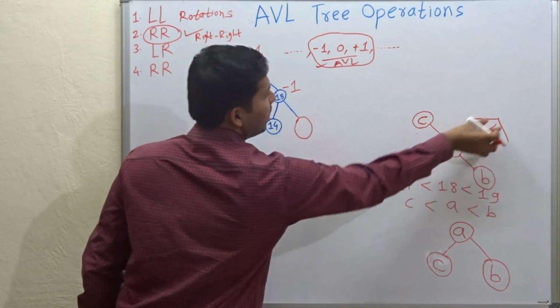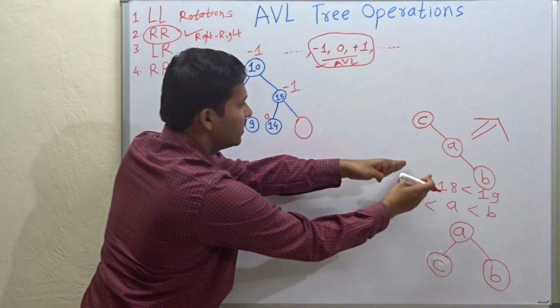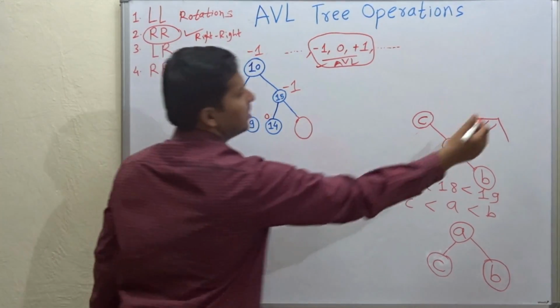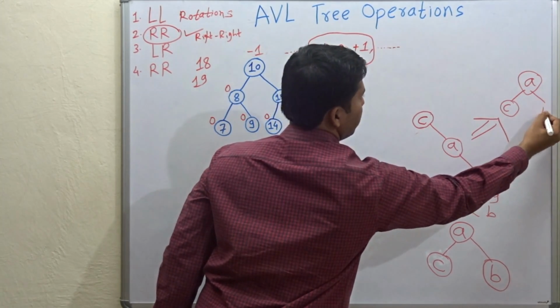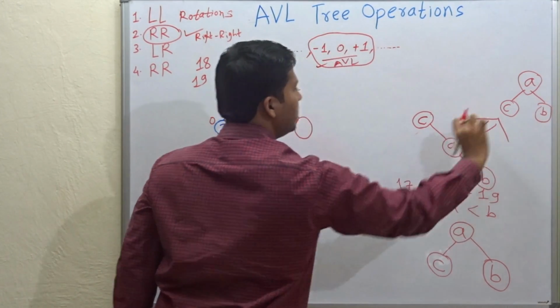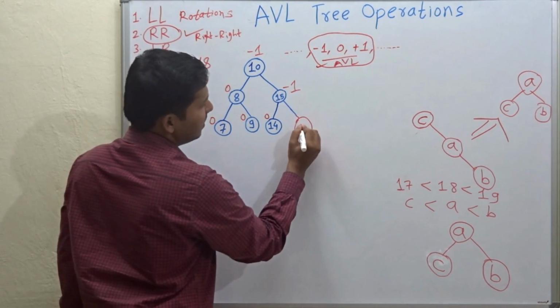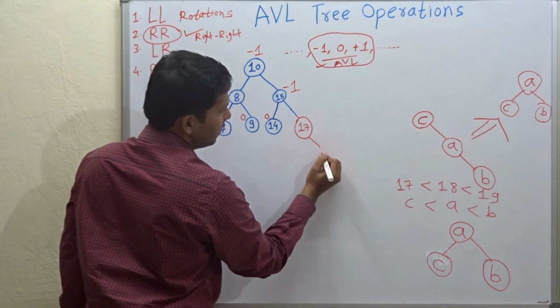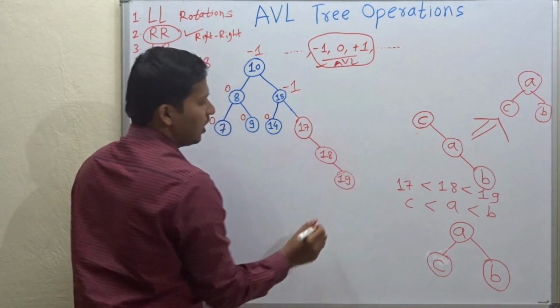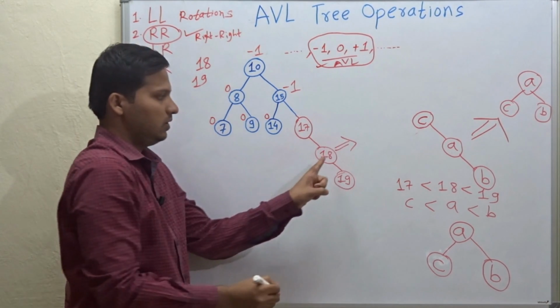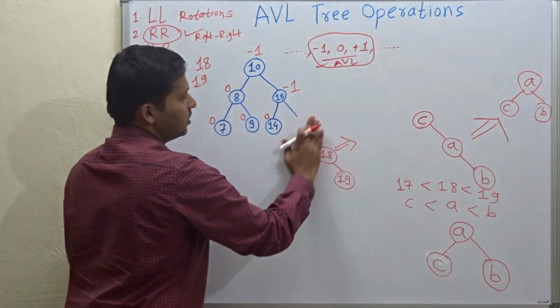Now suppose you pull A, then C comes on one side and B comes on the other. So that will be like A, C and B, because you have pulled A. So previously here it was 17, 18 and 19.